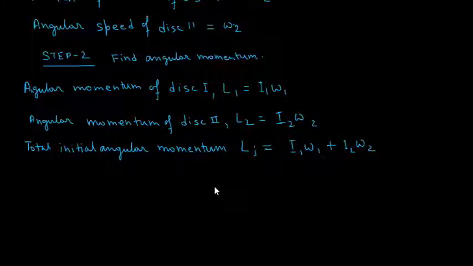This is the total initial angular momentum. Now, in the next case, when two disks are joined together, the moment of inertia will be added.